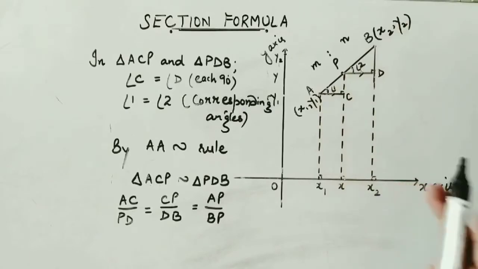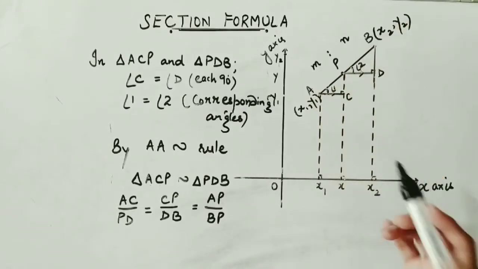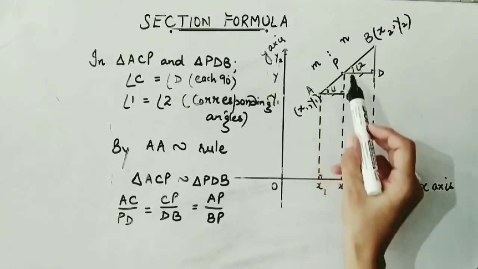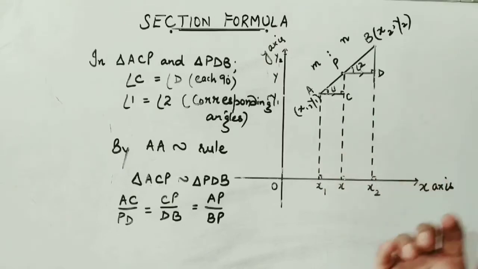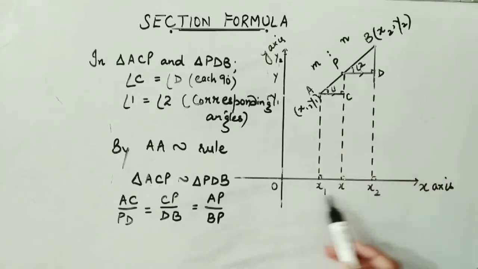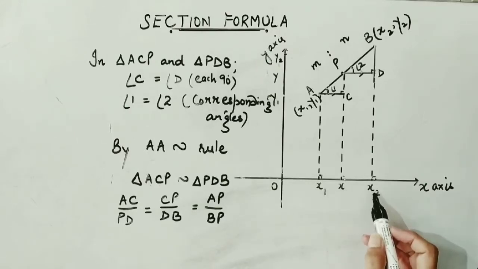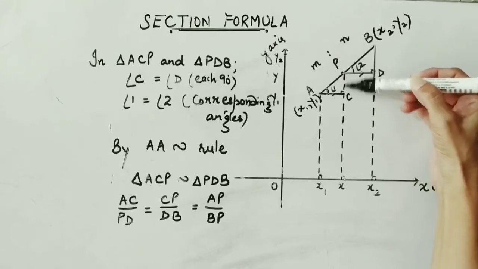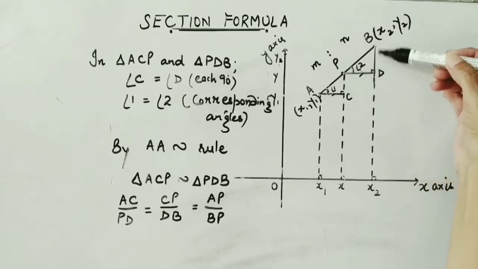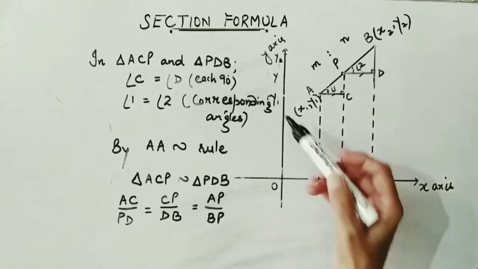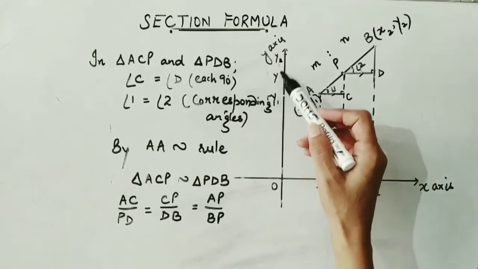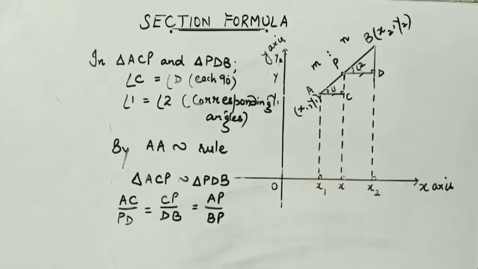Okay. Now let's represent AC and PD in terms of coordinates. Which coordinates? x1, x and x2. Same way, represent these sides PC and BD in terms of coordinates y1, y and y2.